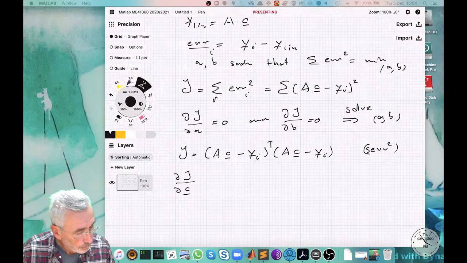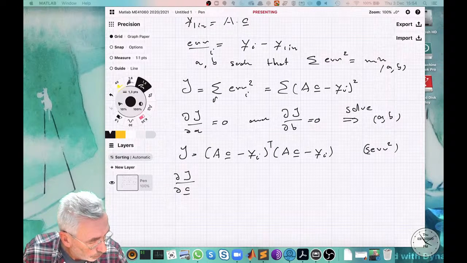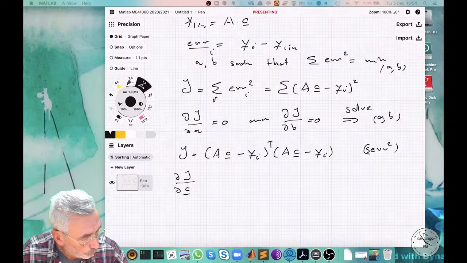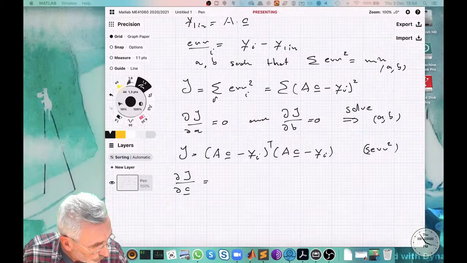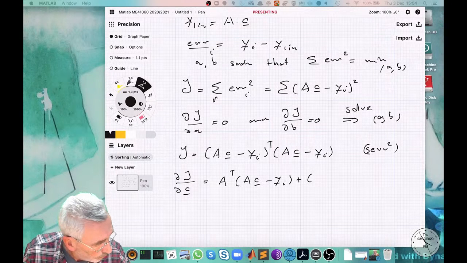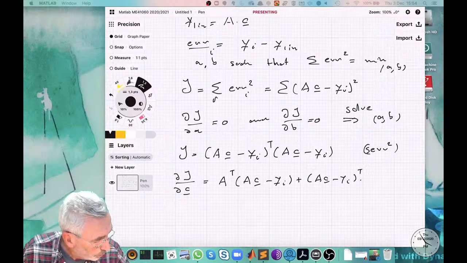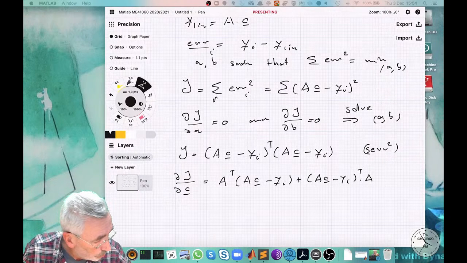So we take the Jacobian with respect to this thing. So we have to differentiate this with respect to C. First we differentiate this times this, and then keep this constant times that. So that becomes A transpose times (AC minus y_i), plus this term, (AC minus y_i) transposed times A, and of course these two are identical, and that should be 0.